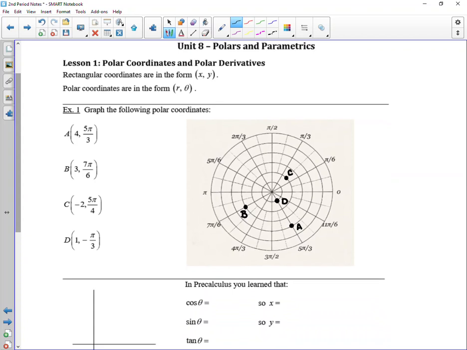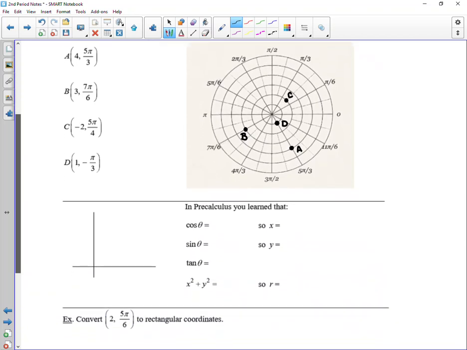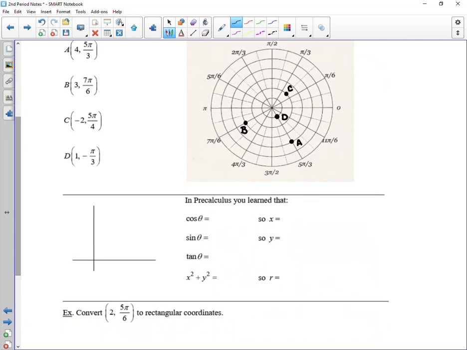Now, second thing in pre-cal, you learned that if this is r and this is theta, then you learned that this side was just y, right? In terms of rectangular coordinates, and this is x.